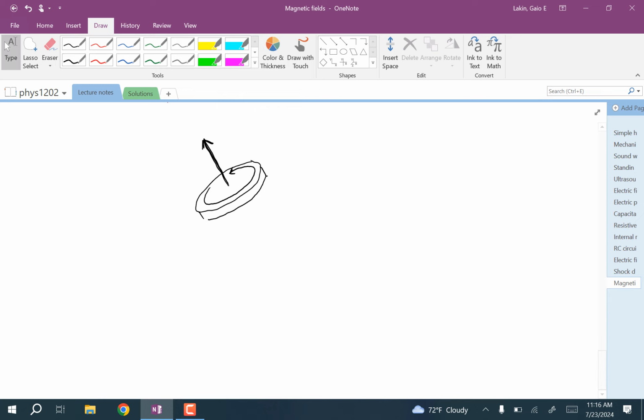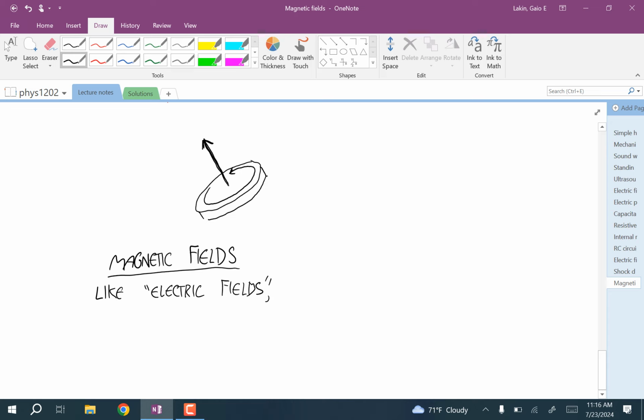Okay, now that we've talked about the right hand rule, we're going to get into magnetic fields. And the meaning of a magnetic field is the same as any other type of field in physics, like electric fields, gravitational fields.